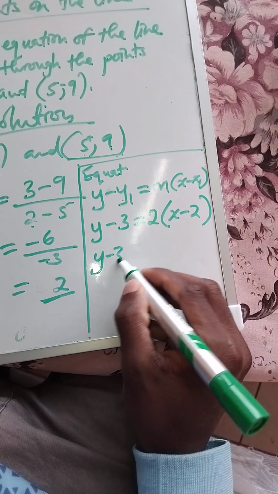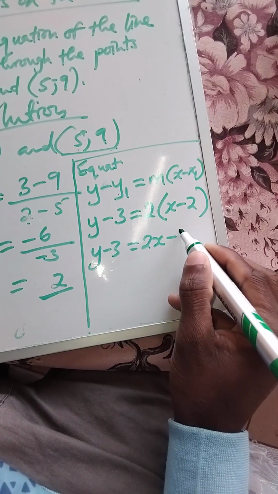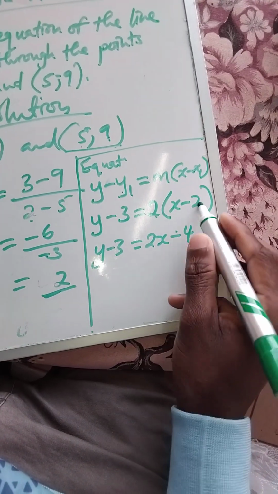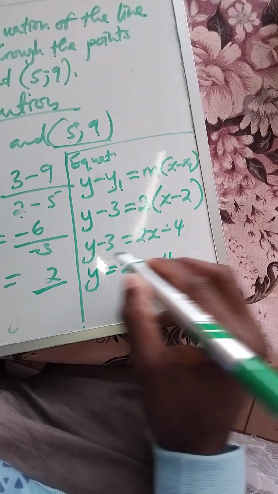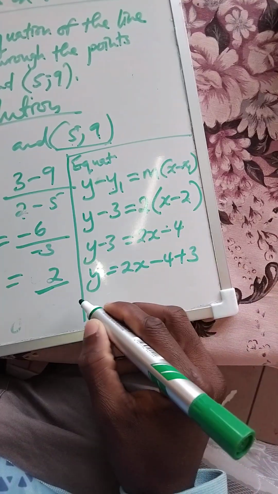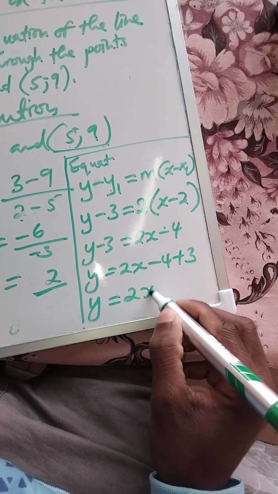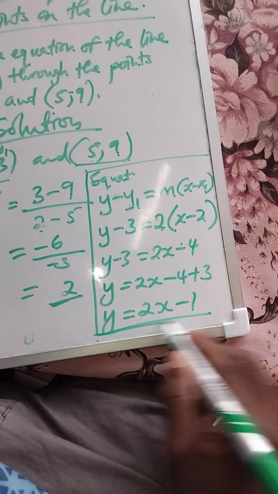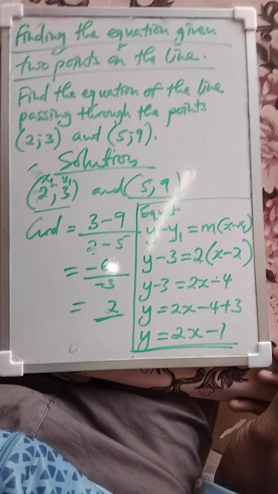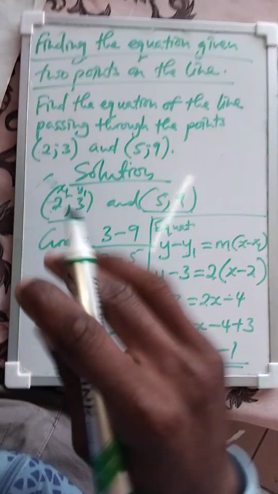So y minus 3 is equal to 2x minus 4, 2 times 2 is 4, so y is equal to 2x minus 4 plus 3, so y is equal to 2x minus 1. So that is how we find the equation of the straight line.